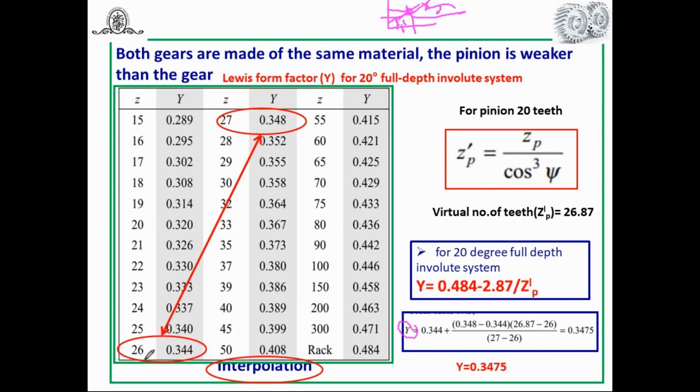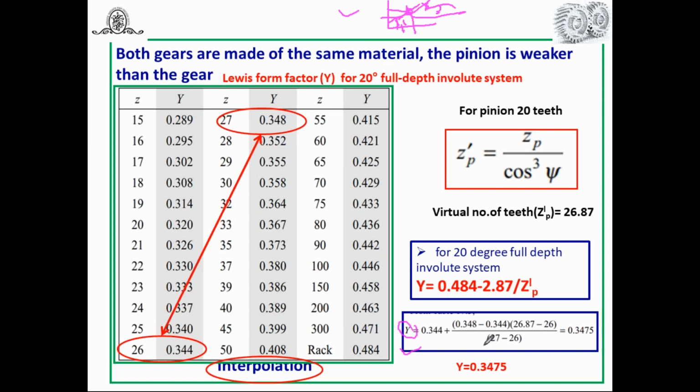For 26, the value of the Lewis form factor is 0.344, and for 27 it is 0.348, so you can use 0.348 minus 0.344. Again, the logic is the same: the equation of a line is used to get the value of the Lewis form factor by using the interpolation method. Even in thermodynamics, in properties of steam, you might have used this to find hfg, hf also.